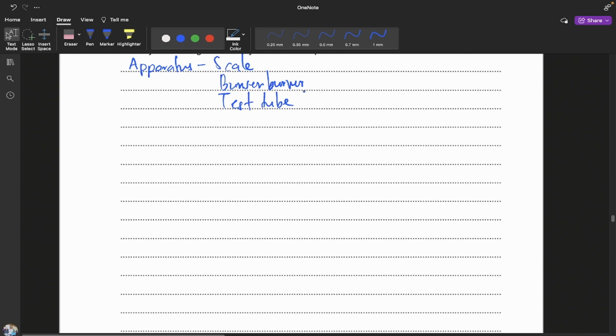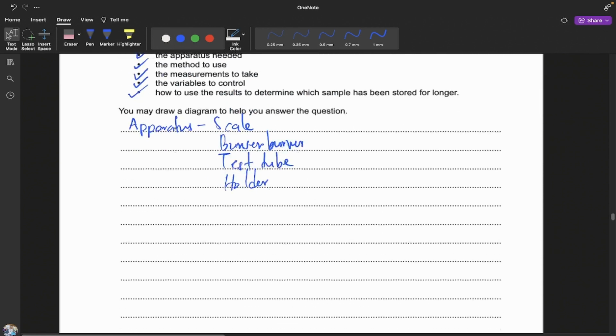But a crucible is not a good choice, because you can't collect the gas from it. It is mostly porcelain or ceramic, so gases might escape from it. So it's not a good thing. You can use some holder to hold the test tube. That's also fine.